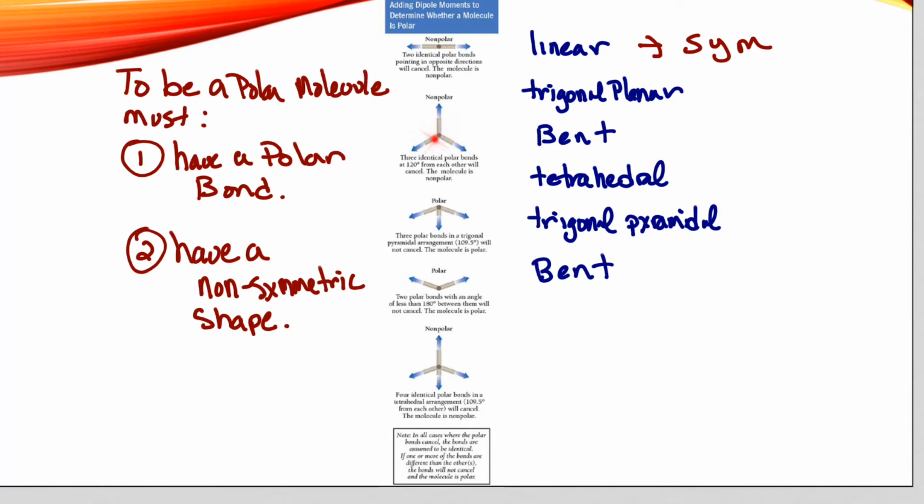Because it's experiencing equal force at these 3 equal angles. So this is also a symmetric shape. Now bent, as we saw with water, right, is non-symmetrical.